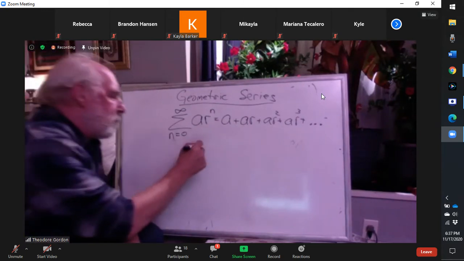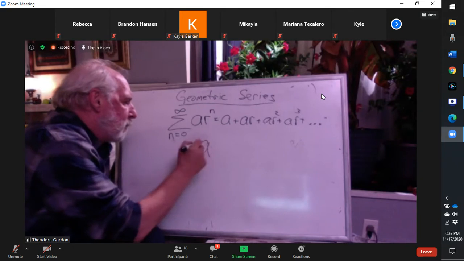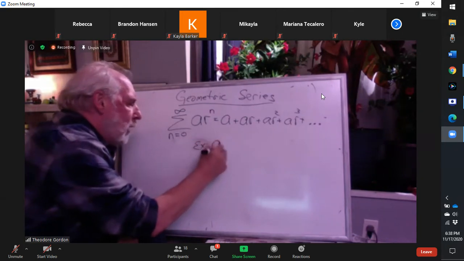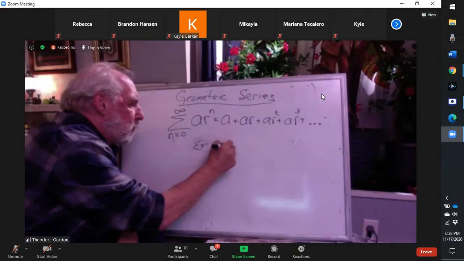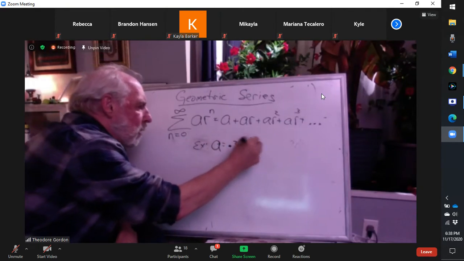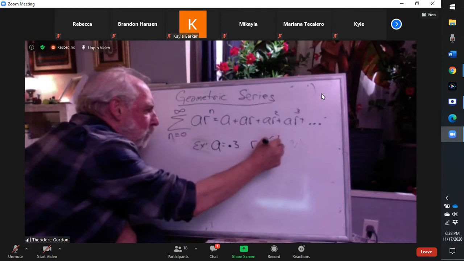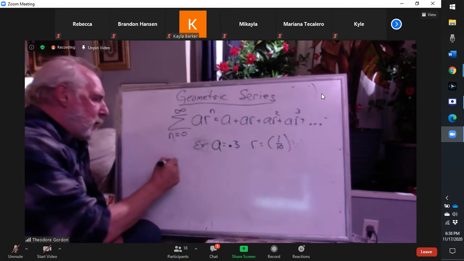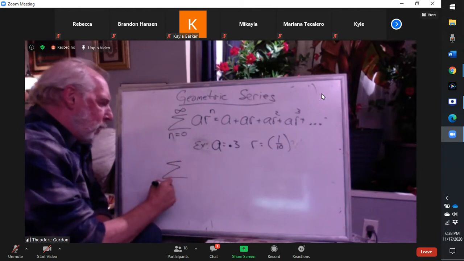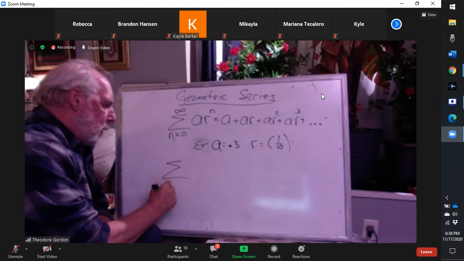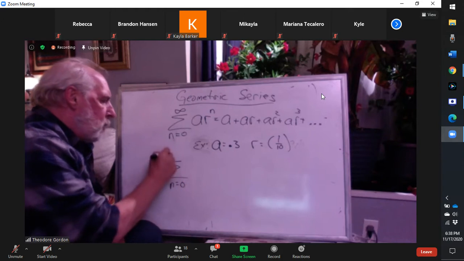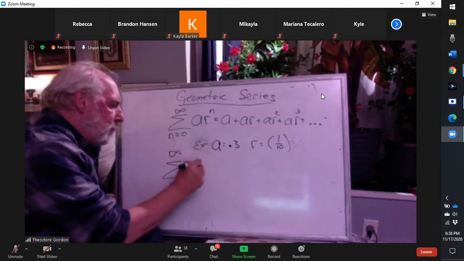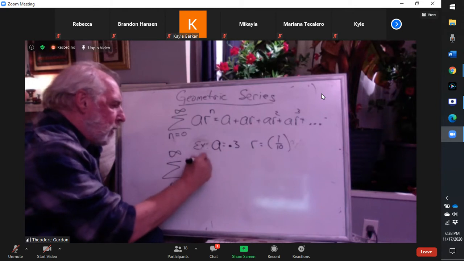Here comes an example. If we let a equal 0.3, and we'll let r equal 1/10, then our series becomes this. Starting with n equals 0 to infinity, we get 0.3 times 1 over 10 to the nth power.